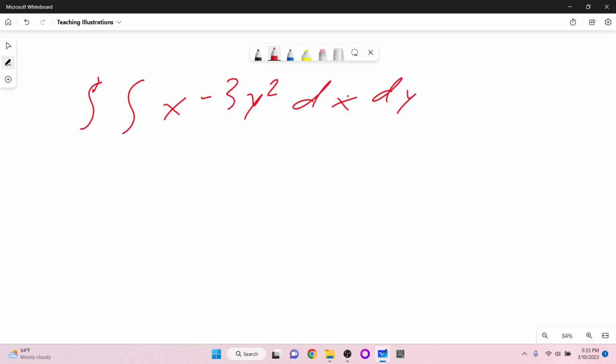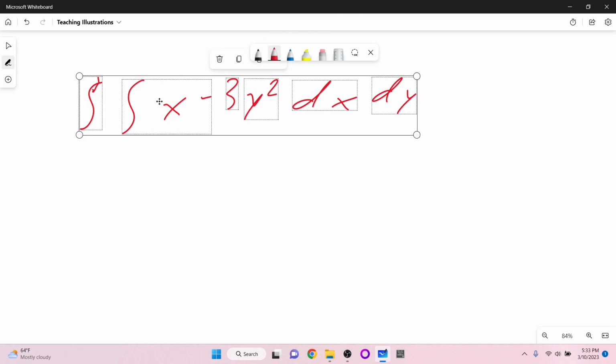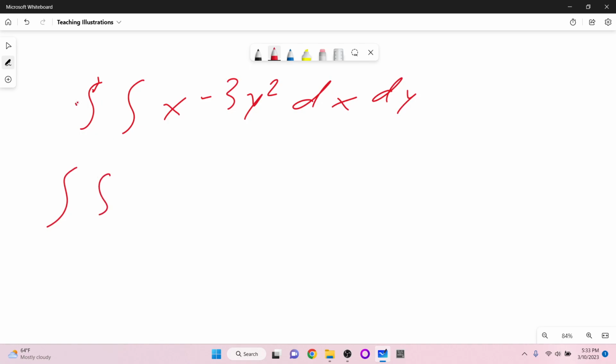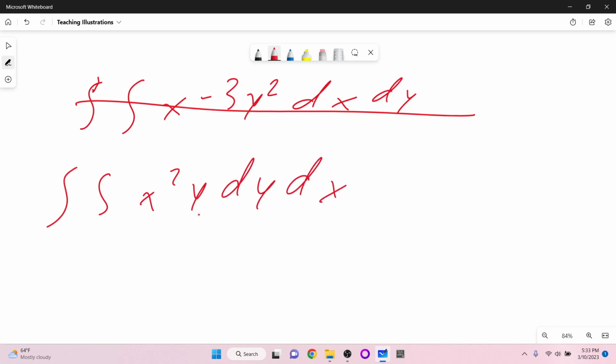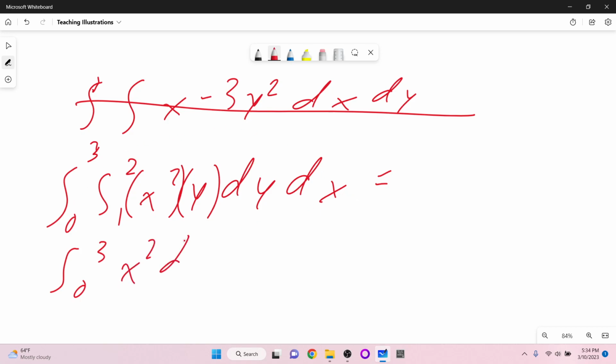But on the other hand, the earlier example we had where it was the double integral of x squared y dy dx, where y went from 1 to 2 and x went from 0 to 3. Since this is split into an x factor and a y factor, we can separate this completely. The x part would be 0 to 3 of x squared dx.